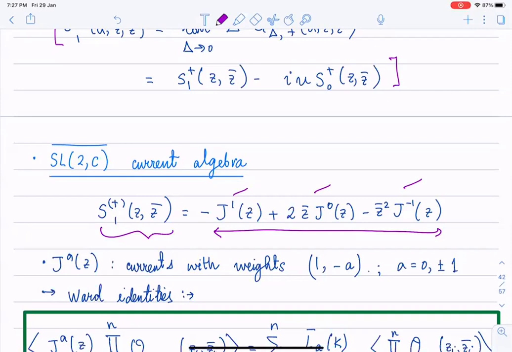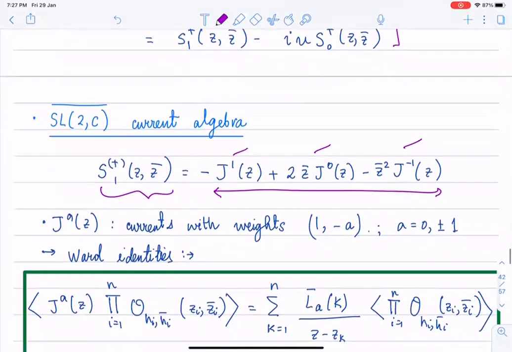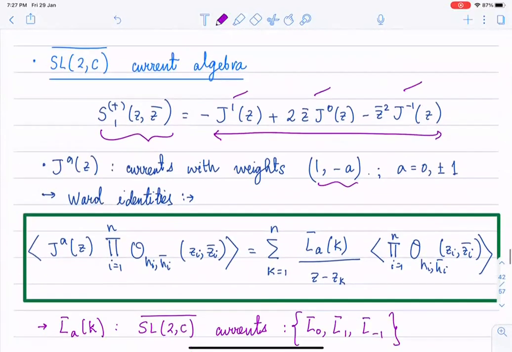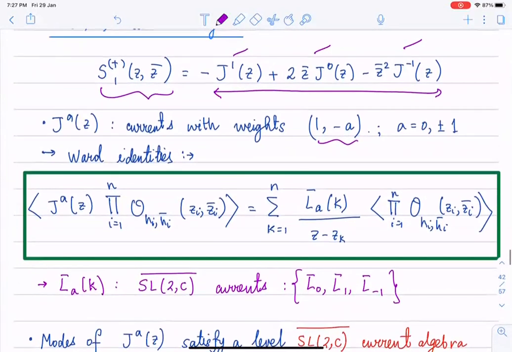What you can show is that these currents have the weights 1, minus a, and if you look at the Ward identity for these currents, it takes the following form.